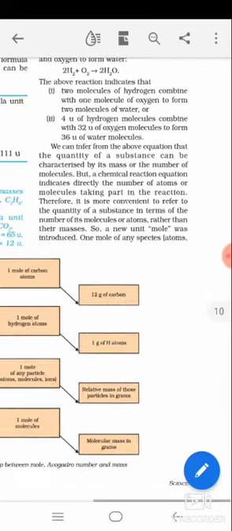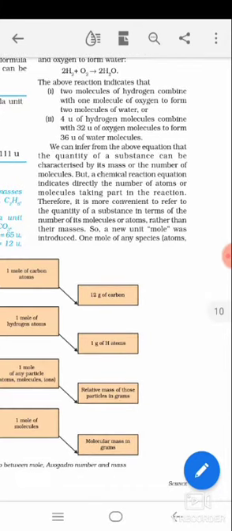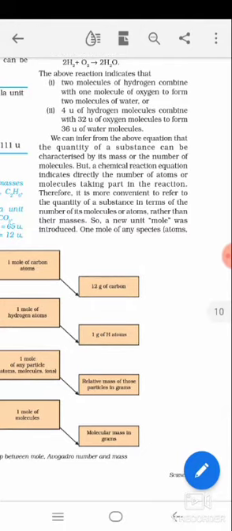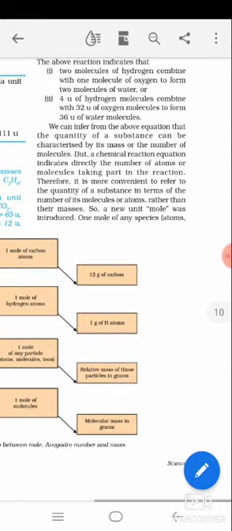In a chemical reaction, we are not using the terms of masses. We are only writing the number of atoms or molecules present. Therefore, it is more convenient to refer to the quantity of a substance in terms of the number of its molecules or atoms rather than their masses.